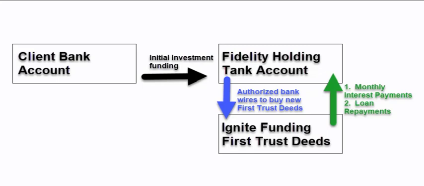And so adding the Fidelity account kind of as an intermediary or holding tank provides convenience to the client so that they don't have to go to the bank every single time funds need to be wired, and they don't necessarily receive interest or loan repayments back into their bank account if they wish not to have that.